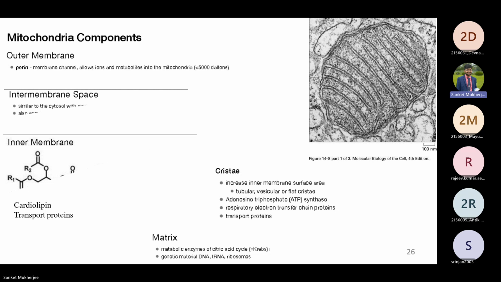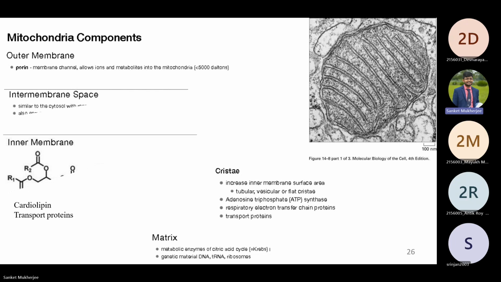And then there are several complexes present on the outer membrane. In the inner membrane, there is a component called cardiolipin, which is also found in heart tissue, that's why the name is cardiolipin. It is important for transport of proteins.